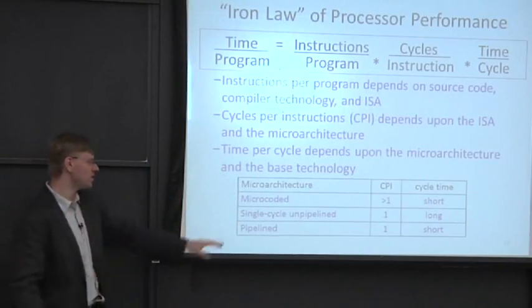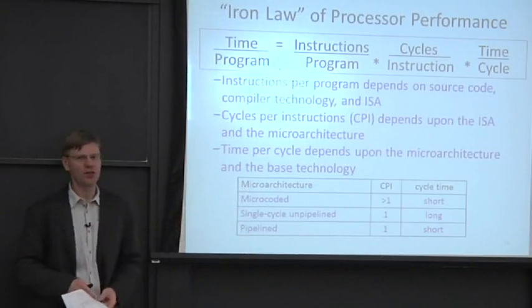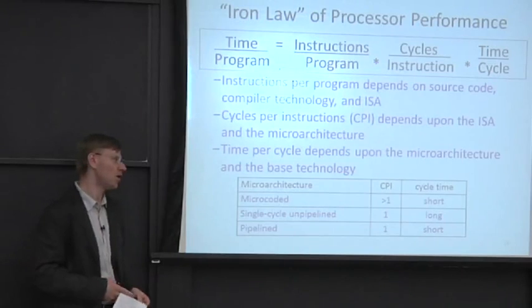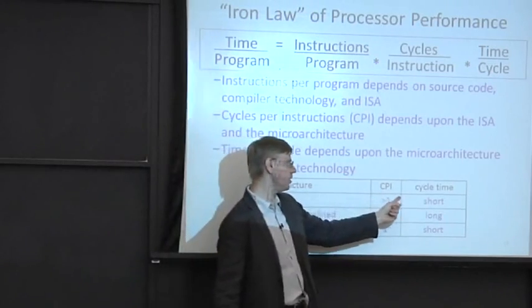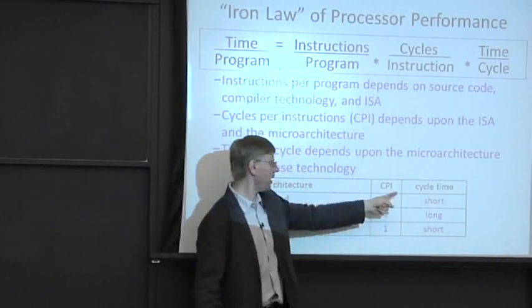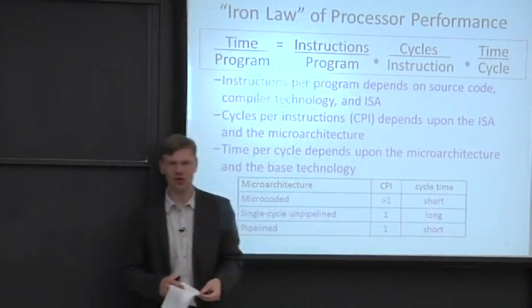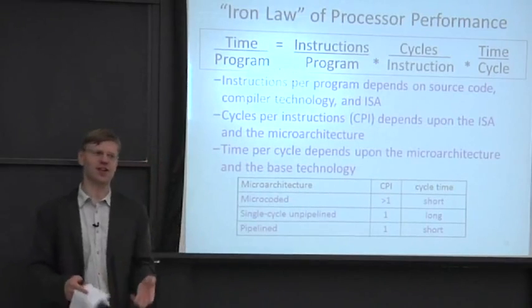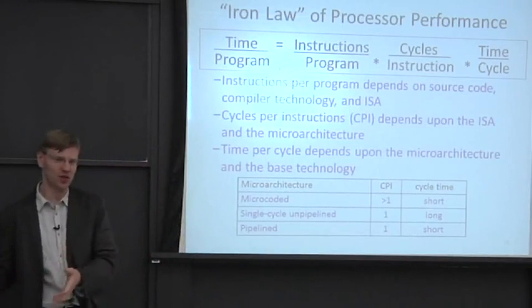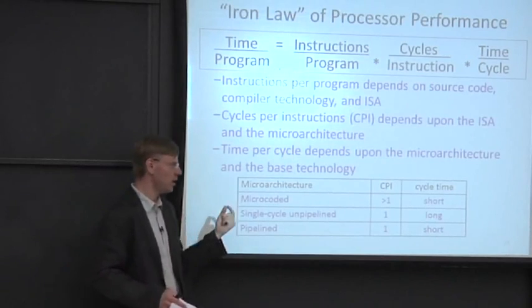Before we move off this slide, let's compare 3 different architectures that we talked about so far, both the clocks per instruction and the cycle time. And I want to define clocks per instruction here. Clocks per instruction is how many clock cycles it takes to execute that instruction.